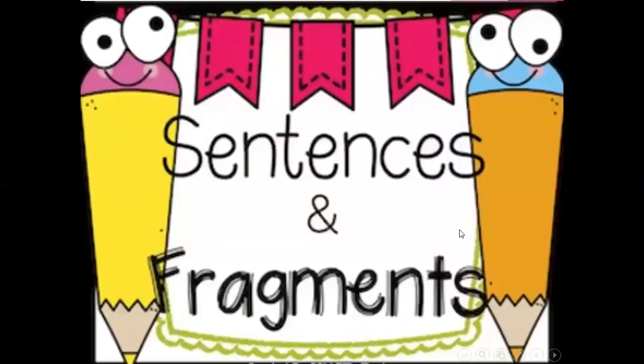So, what's the meaning of sentence and what's the meaning of sentence fragment? In the beginning, you should know that a sentence is a group of words that tells us a complete thought or a complete idea. The sentence should have two parts, the subject and the predicate.